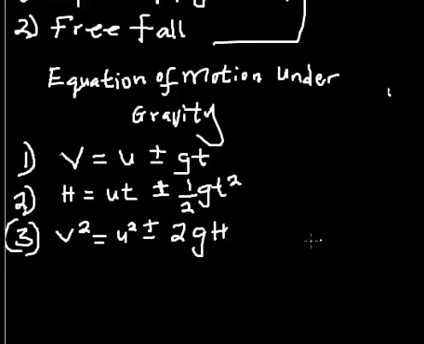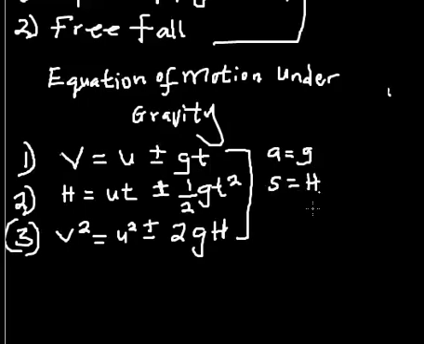So you see the whole of this is still similar to the equations we listed before, but the difference is that in place of the horizontal linear acceleration, we use the acceleration due to gravity, and in place of linear distance, we use height.